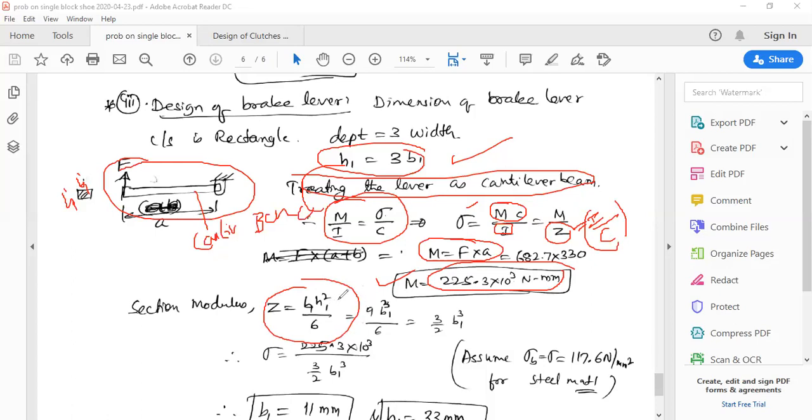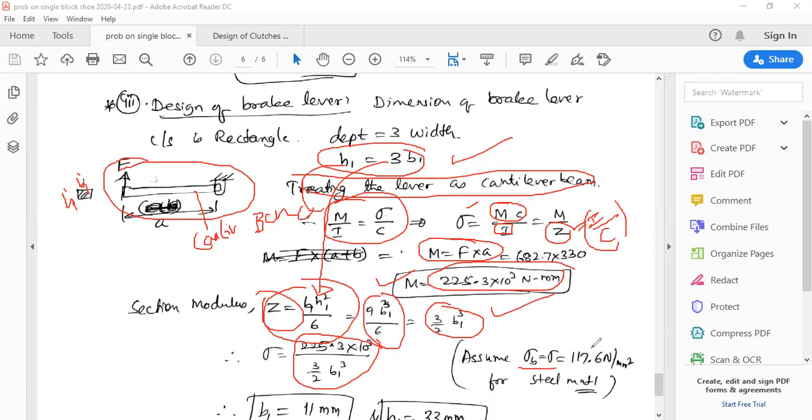Since H1 is equal to 3 times B1, that is substituted here. So this value results as 3 by 2 times B1 cube, which is the answer for Z. Next we have to use the equation of sigma. Sigma is equal to M divided by Z. By expanding this expression, this is the resulting value in the RHS.